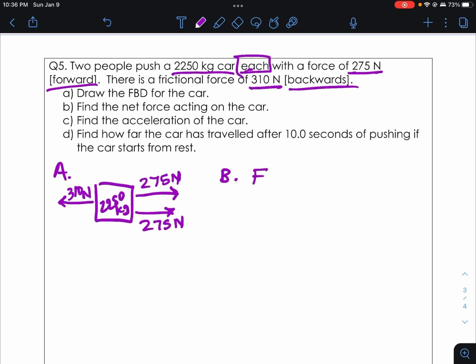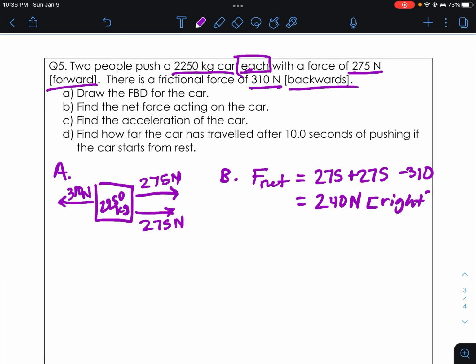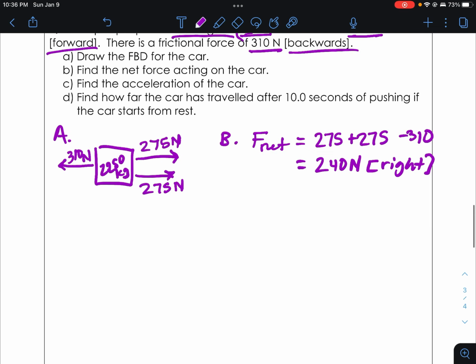Letter B, find the net force. F net equals, the force is moving to the right, 275 plus 275 minus 310. So this is equal to 240 newtons to the right. Letter C, find the acceleration of the car.